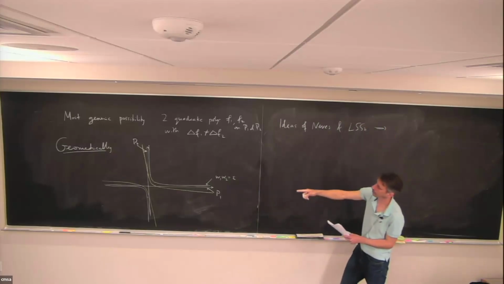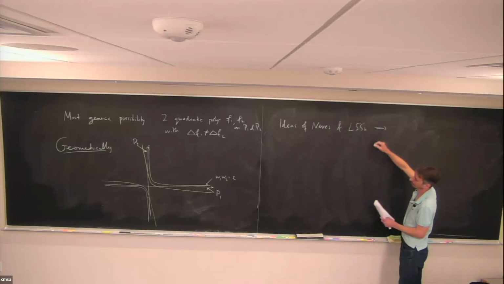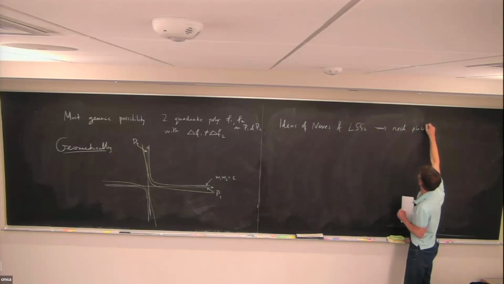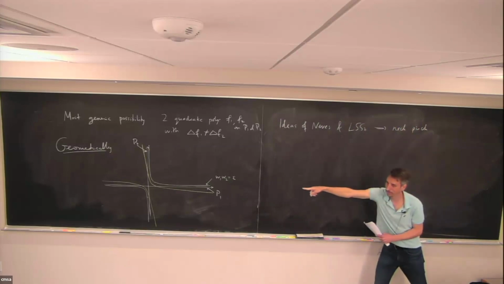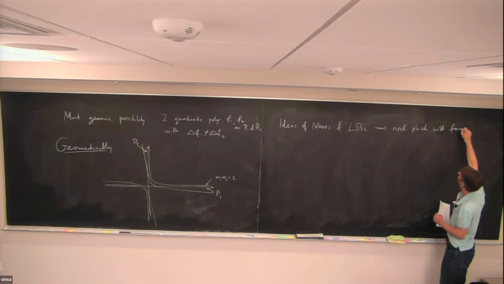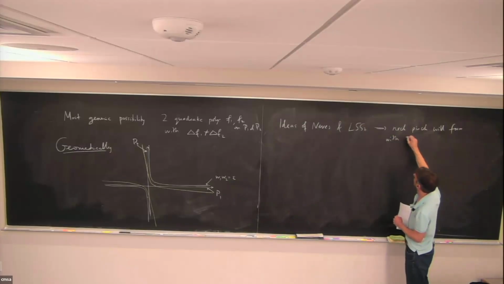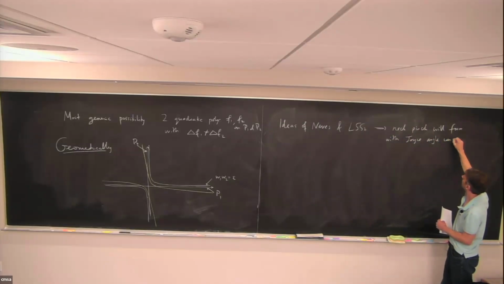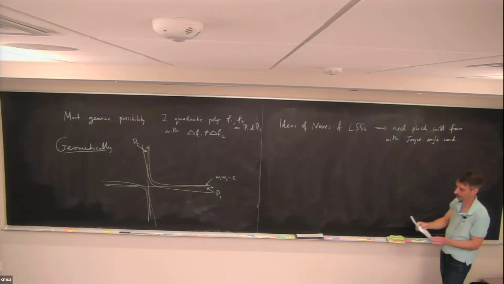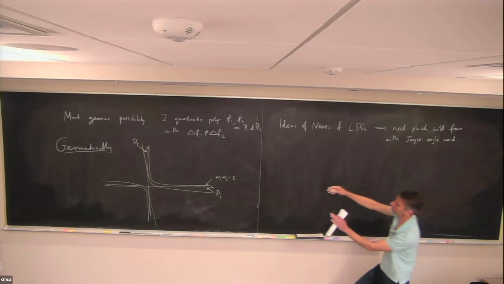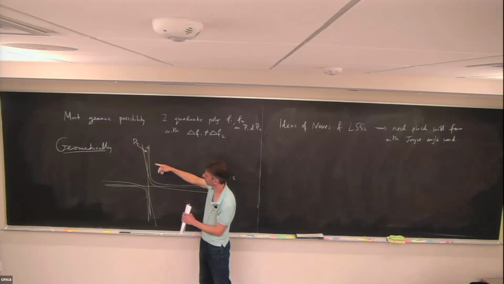So the theorem is that a neck pinch will form if you start with the yellow picture, with this Joyce angle condition. And then let me just finish with explaining this very briefly, because Neves's idea is very beautiful.